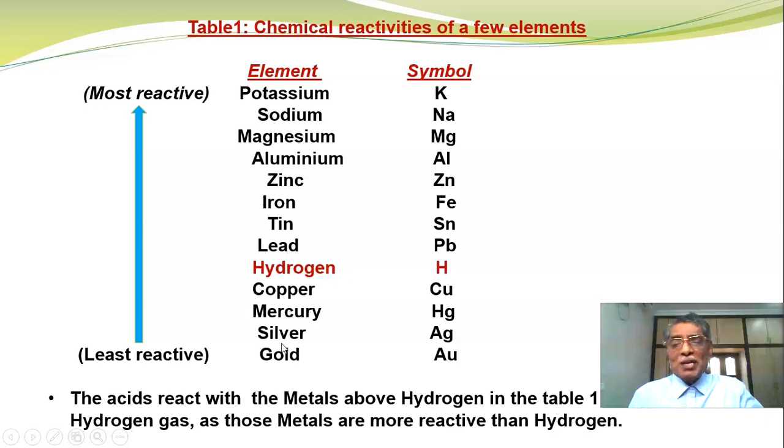So these metals are less reactive than hydrogen. Therefore, the acids react with the metals above hydrogen in the table, and hydrogen gas is liberated, as these metals are more reactive than hydrogen.